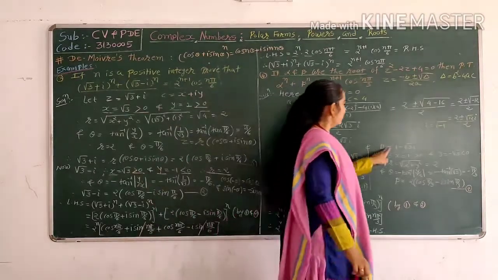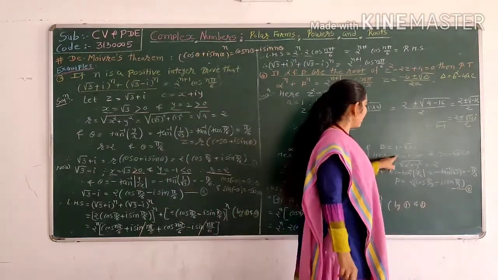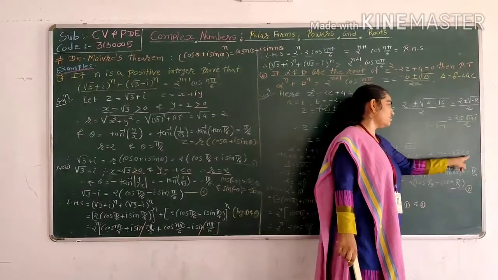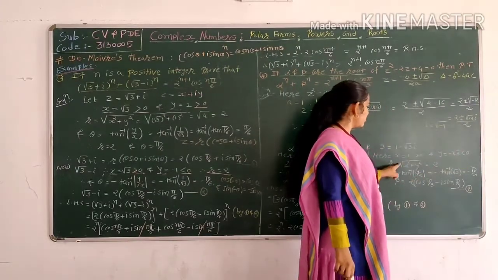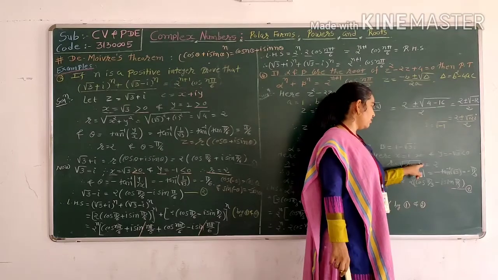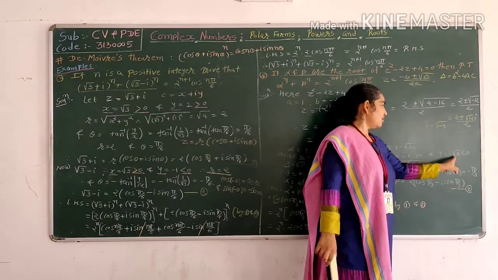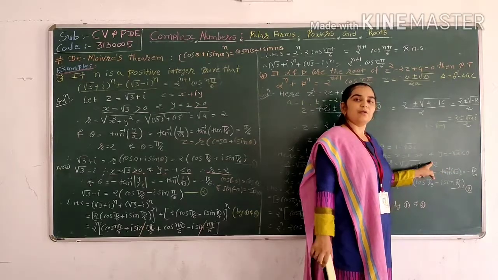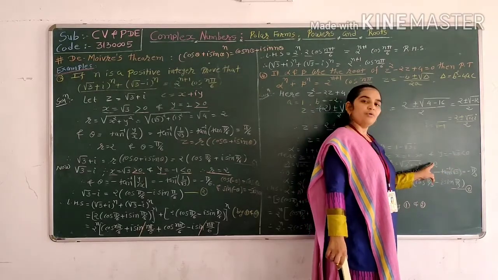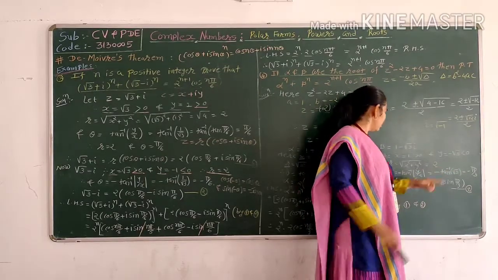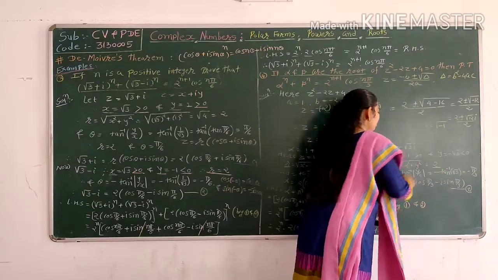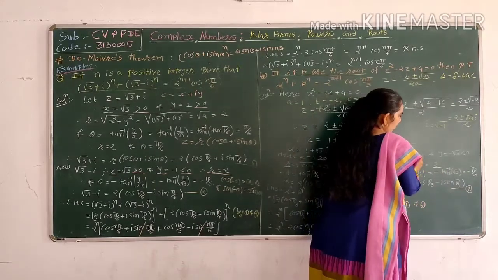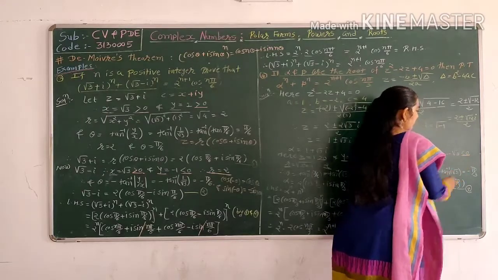Same as here in beta, x is equal to 1, which is greater than 0, and y is equal to minus under root 3, which is less than 0. Therefore r is equal to under root x square plus y square, which is under root 1 square plus minus root 3 whole square, which is under root 1 plus 3, which is under root 4, equal to 2. Therefore r is equal to 2. And theta, here x is greater than 0 and y is less than 0.